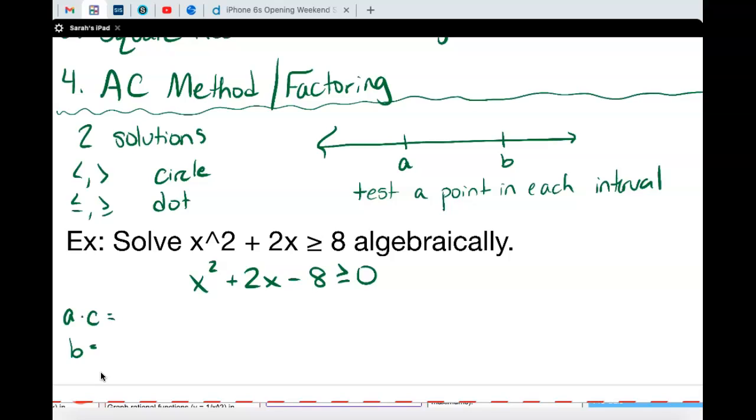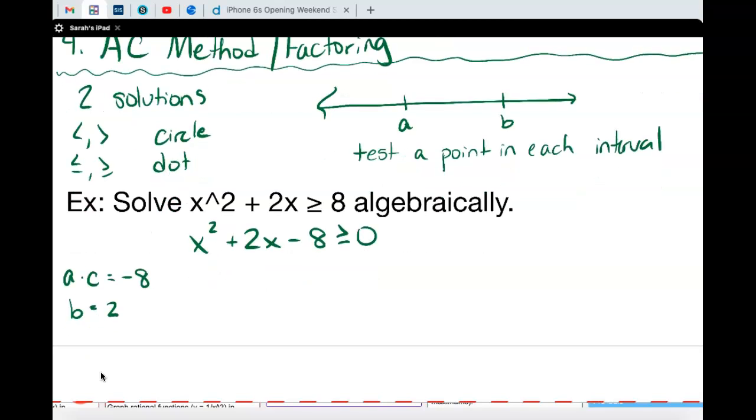Negative 8. Okay, so then remember we have to ask ourselves, what multiplies to negative 8 and adds up to 2? 2 and 4. The 2 has to be negative to multiply to negative 8, and it adds to positive 2, so that works out.